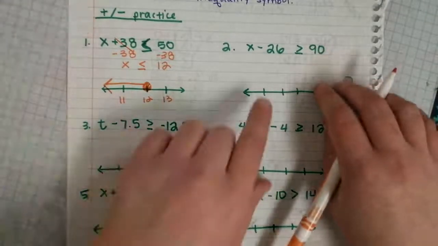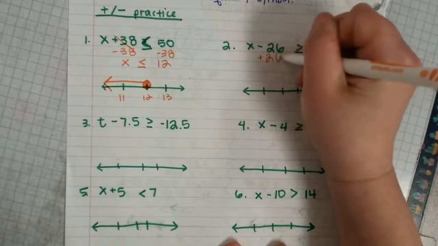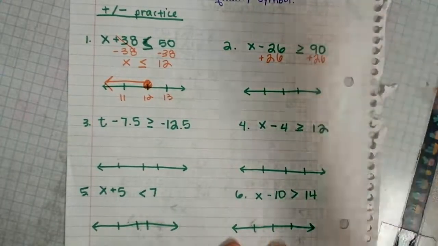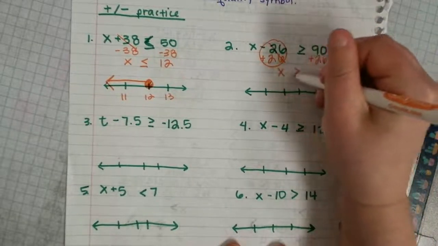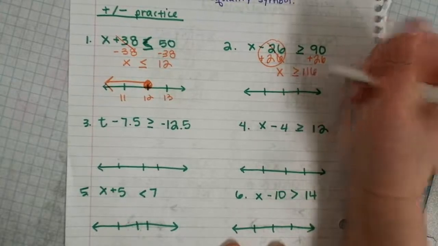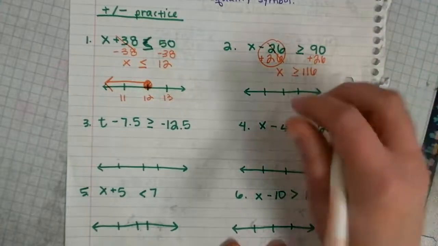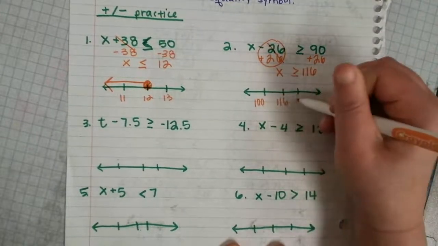For number 2, I have x minus 26. Since it's subtraction, I'm going to use addition. This makes 0, so it goes away. X is greater than or equal to, and then 90 plus 26 is 116. So I need to put my numbers on here. So let's see, 100, 116, 150.